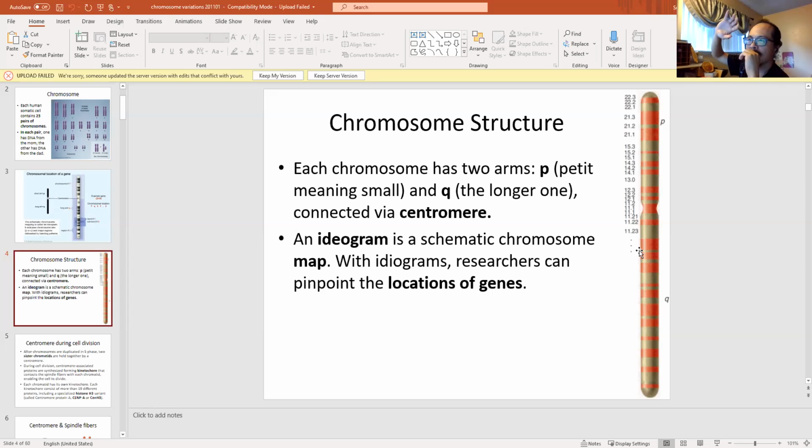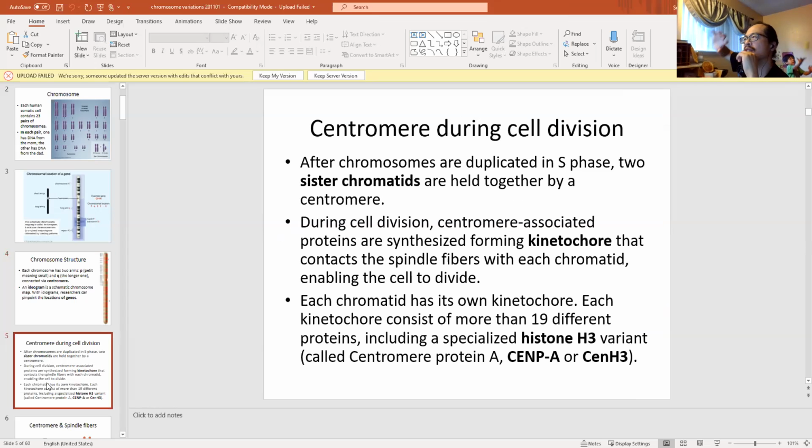This is the centromere in the typical cell. However, we know that during cell division, this centromere also plays an important role in that division. Divide what? Divide two sister chromatids.